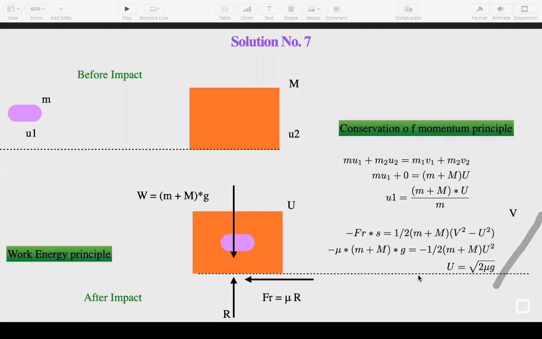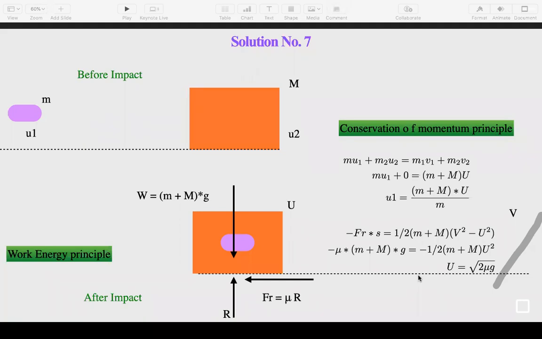So capital U is equal to the square root of 2 mu g S. I forgot to write S here, the value of S should be there, so S also comes in U. Now put this value of capital U into the first equation for u1, and you are going to get the answer.